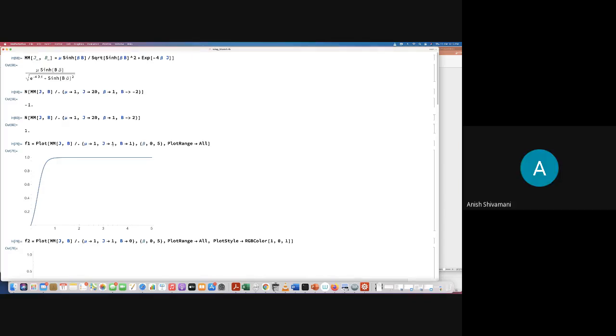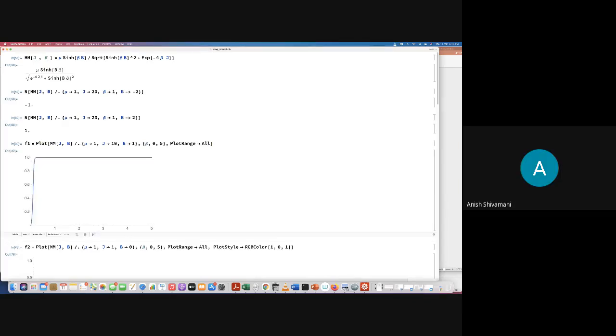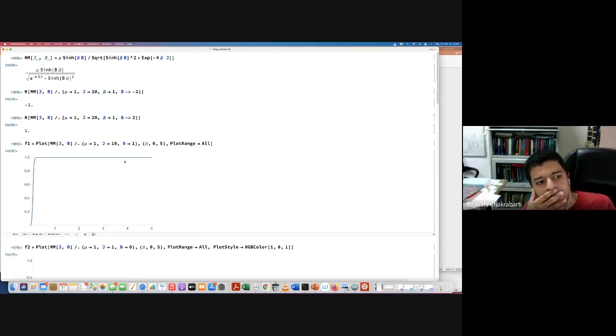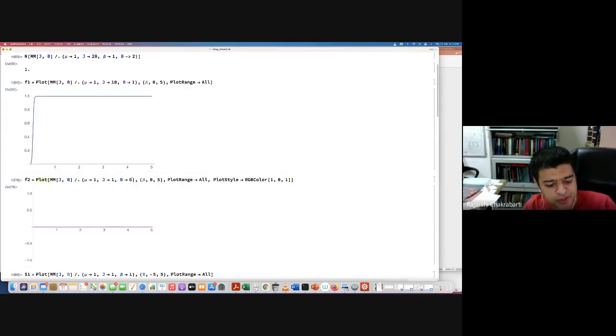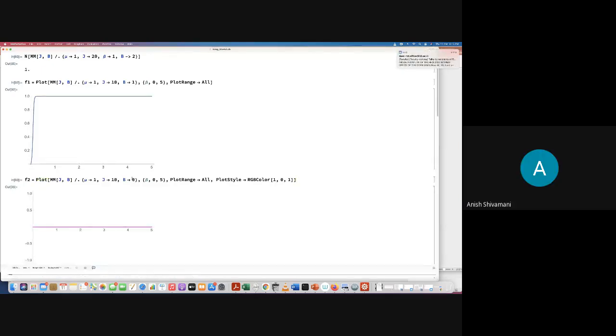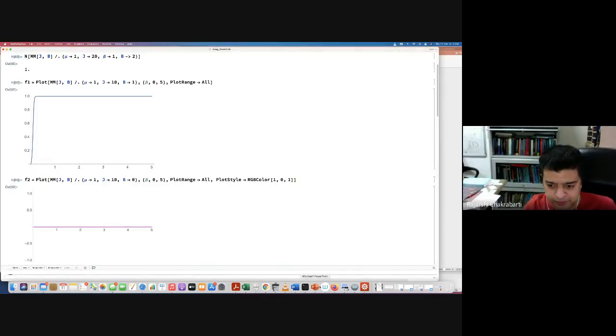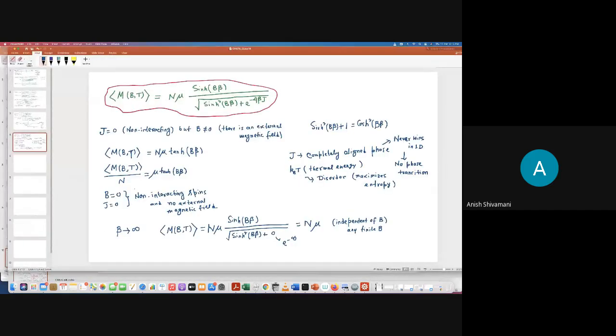Because at finite temperature, sinh beta B will be zero if B is zero. Are you sure it is zero? No, I'm just asking. Maybe you're right. First, you had asked B zero, right? B is equal to zero. Then at finite temperature the magnetization will be zero.